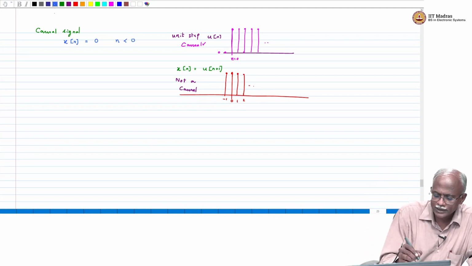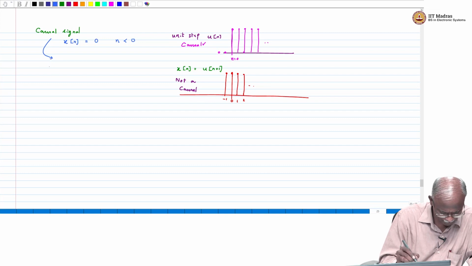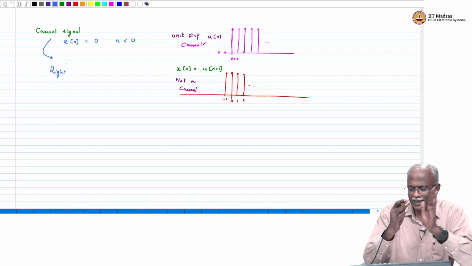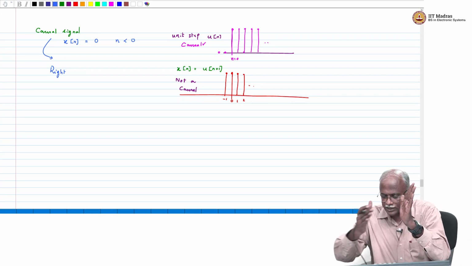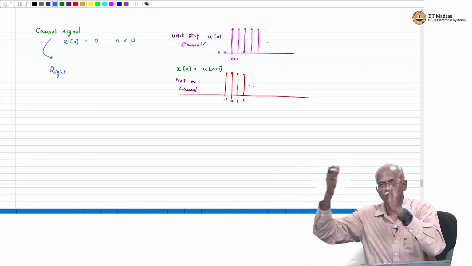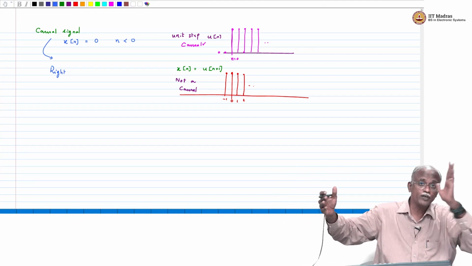So, causal signals belong to a family of signals which are called right-sided signals or right-sided sequences. What do we mean by right-sided sequences? It starts at some value of n and then is non-zero towards the right. So, basically anything to the left of it is 0.